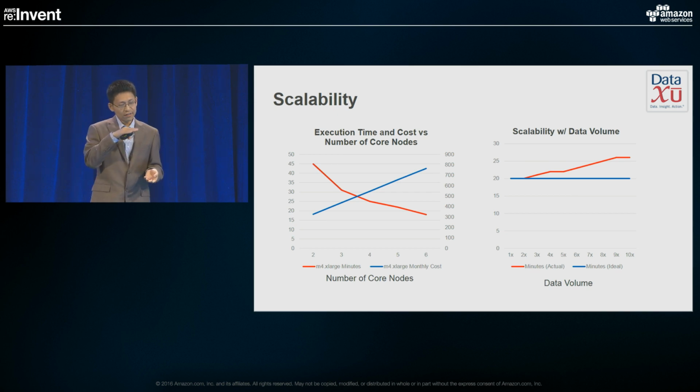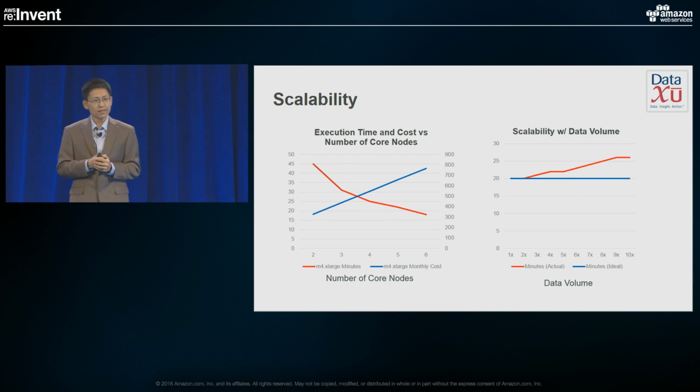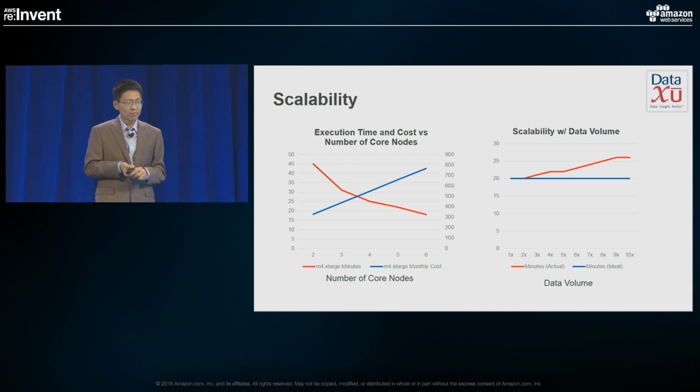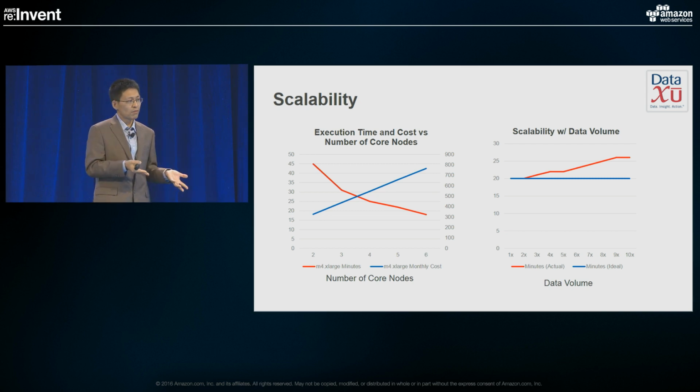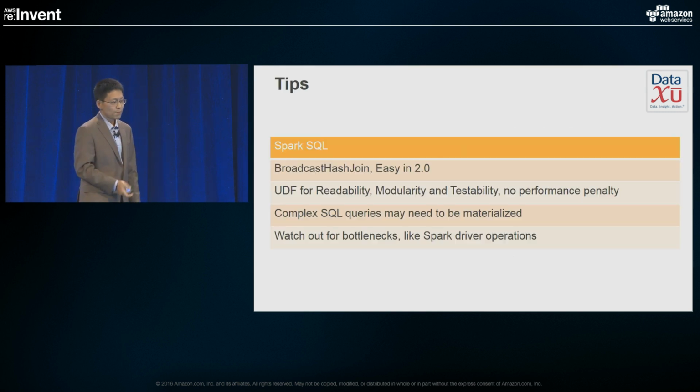We actually found out somewhat nonlinear scalability. The key point here is actually it is relatively very, very easy to set this up on EMR. We can run these experiments in a couple of hours, and we can say confidently to our business that if our business grows 10 times, what are the possible problems we will face, and what kind of engineering efforts we need to put in there to reach that scalability.